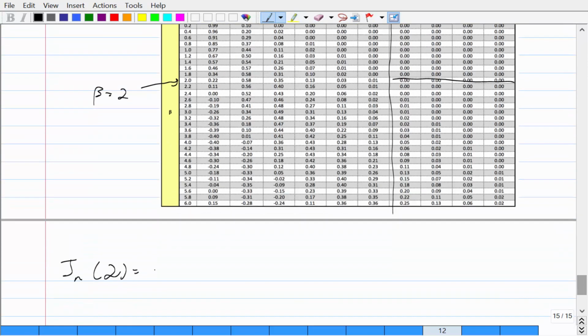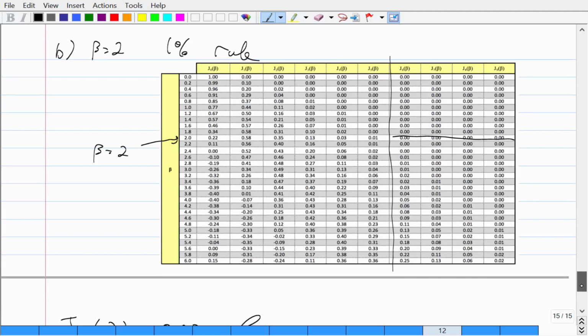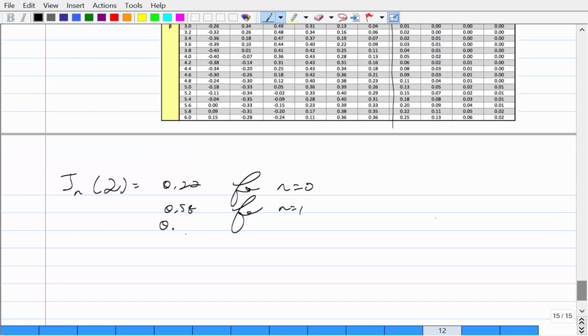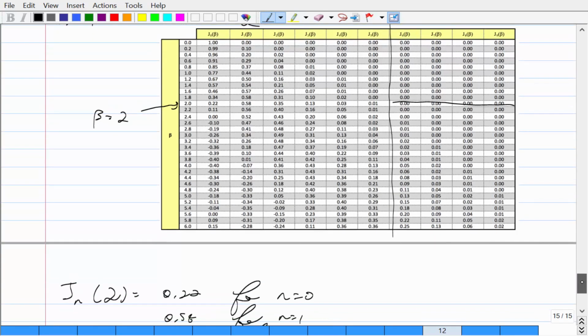So we have 0.22 for n equal to 0. We also have 0.58 for n equal to 1. Then we have 0.35 for n equal to 2. And there are some more, actually no, there's 6 in total, I'm sorry, not 5.